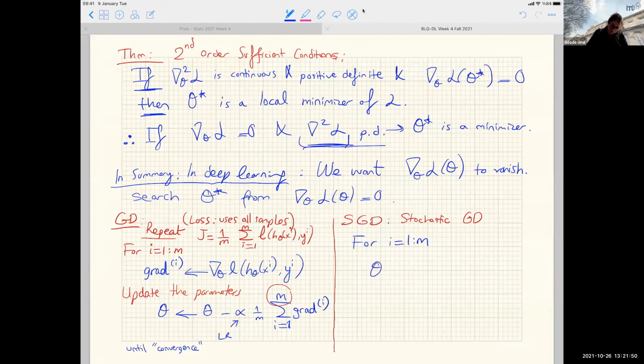So now theta minus alpha, grad theta L of h theta xi, yi. This could be one idea, and this is the loss for one sample, grad i, and some of you hinted at that.